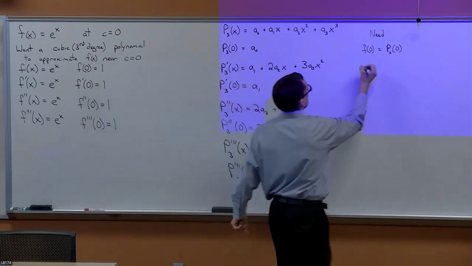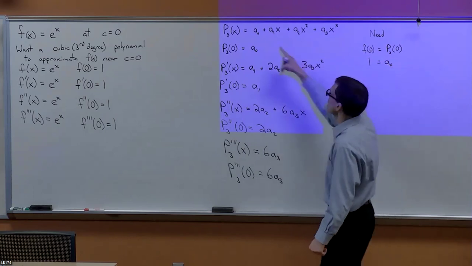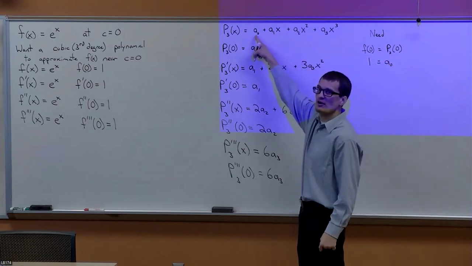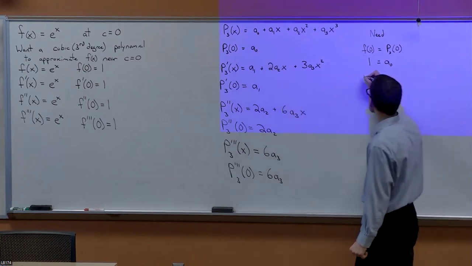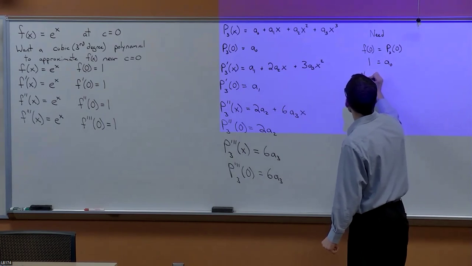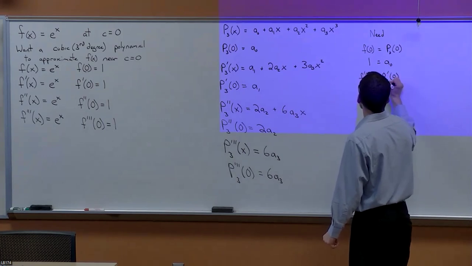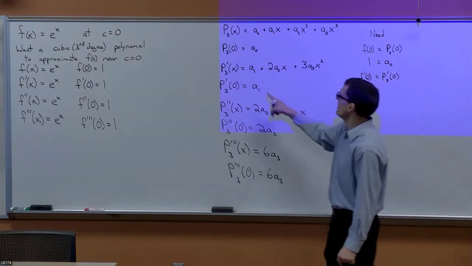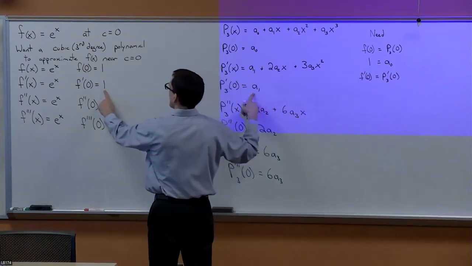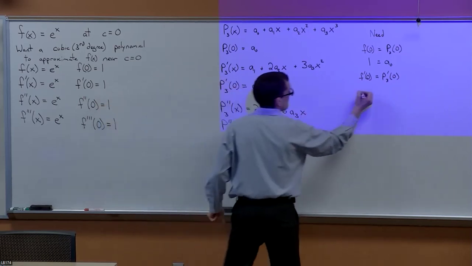That means 1 is equal to the constant number of my polynomial. We also need the first derivative to match up with the first derivative over here. That means 1 needs to be equal to a1.